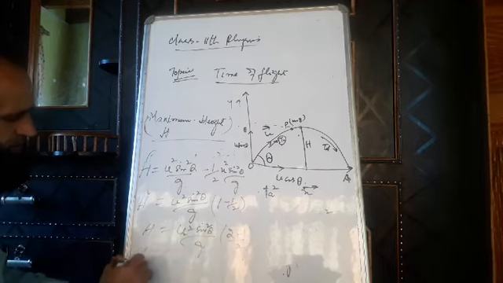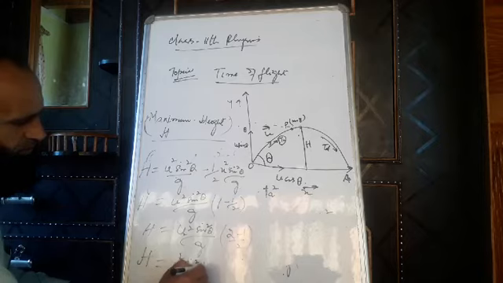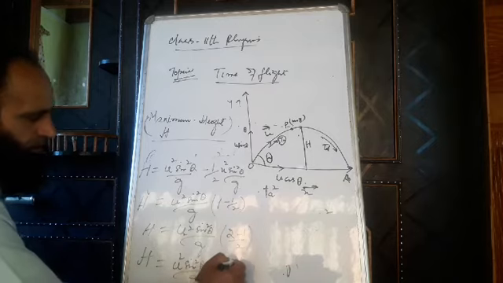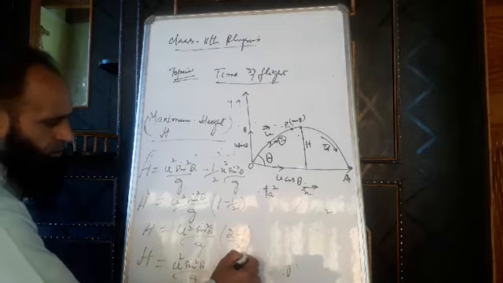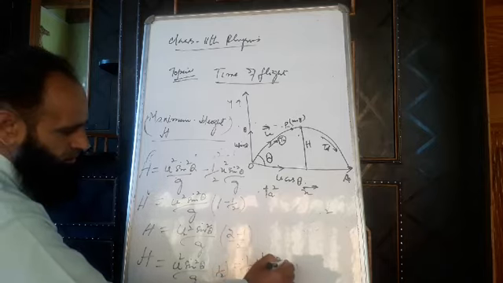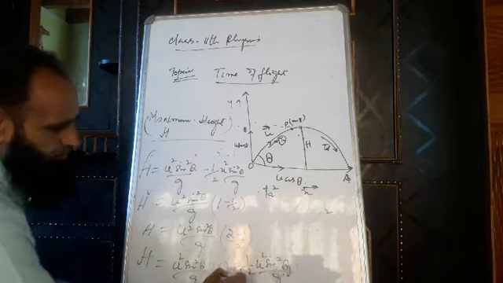It will be h is equal to u square sine square theta divided by g into 1 by 2. That is equal to 1 half u square sine square theta divided by g.